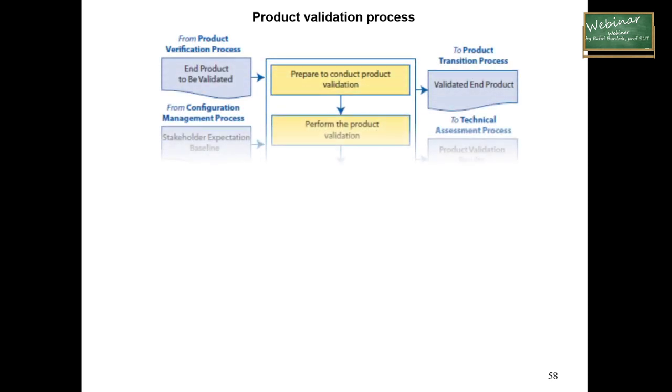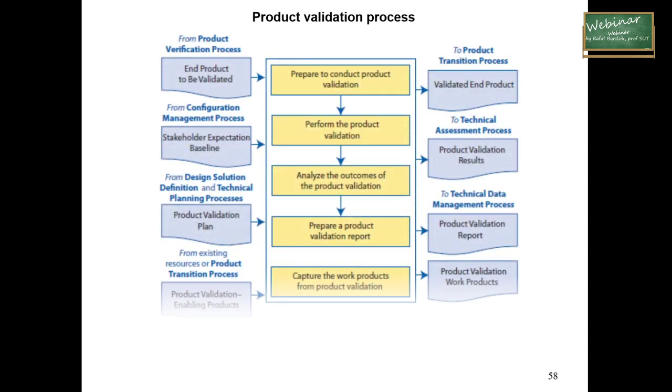So it is the product validation process according to the SEBoK. It is how it should look. We should start from preparation to conduct the product validation. We should have as the input the end product to be validated as before, and as the result we should have the validated end product, and it should be delivered to the product transition process, which will be the last process presented today.